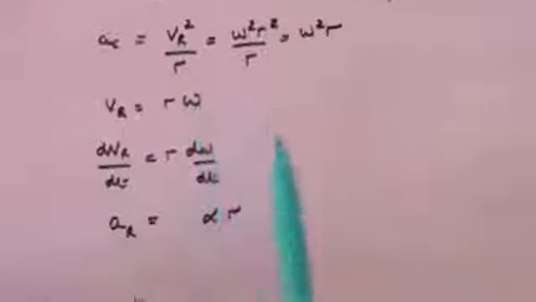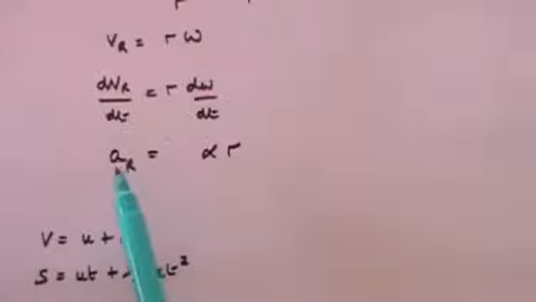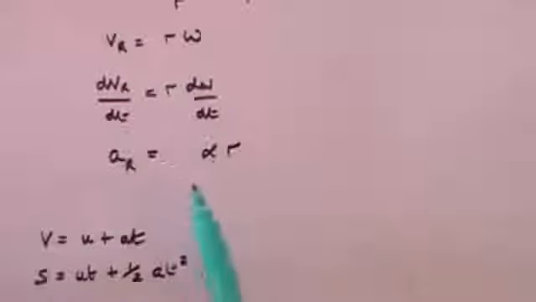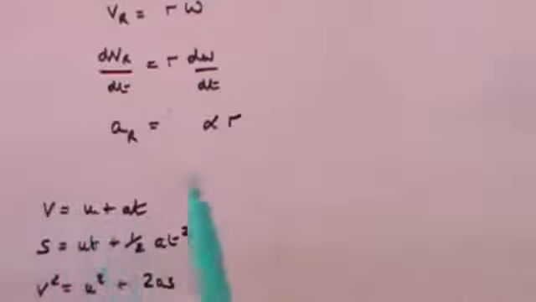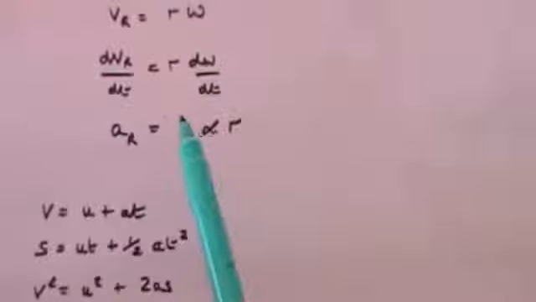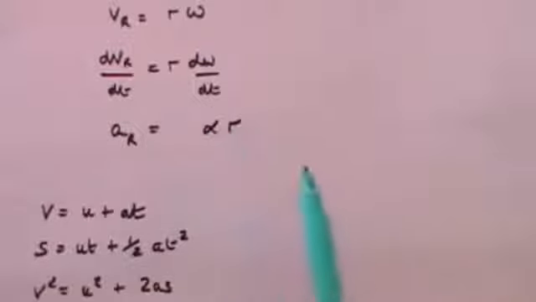Now, if you take these two formulae here, the rotational velocity equals r omega, and the rotational acceleration is equal to the angular acceleration times r. If you replace all the velocity terms by r omega and all the acceleration terms by alpha r, you'll find that the r's cancel out.